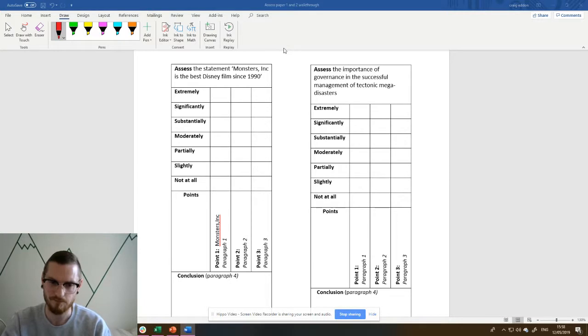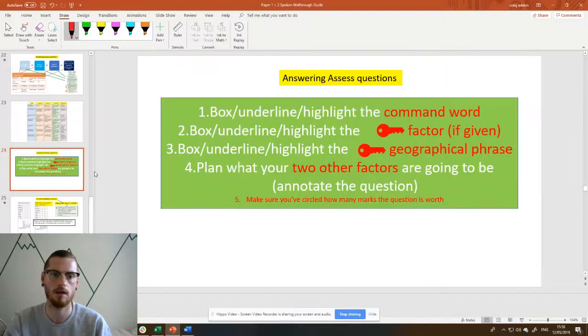Okay, so we've got an assess question. Assess means that, well, let's go through this first. So first off, I'm going to just highlight my command word. And then I'm going to look in here for my key factor. Okay, and they've given me a key factor because they've told me that one factor has to be Monsters Inc. Then next, I'm going to look for my key geographical phrase, but obviously it's not geographical.